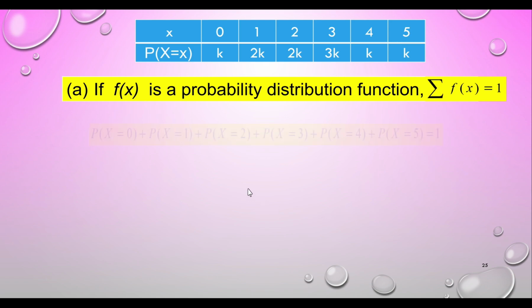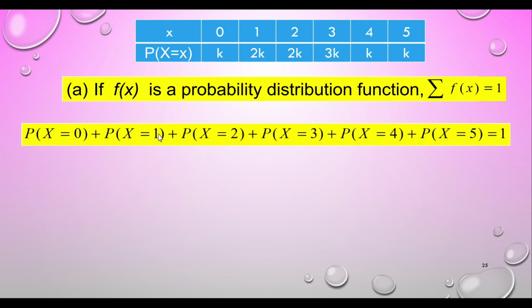Next, we find the sum of all possible probabilities: P(X equal 0) plus P(X equal 1) plus P(X equal 2) plus P(X equal 3) plus P(X equal 4) plus P(X equal 5), and all must be equal to 1.